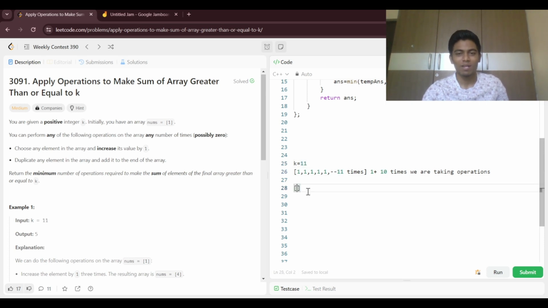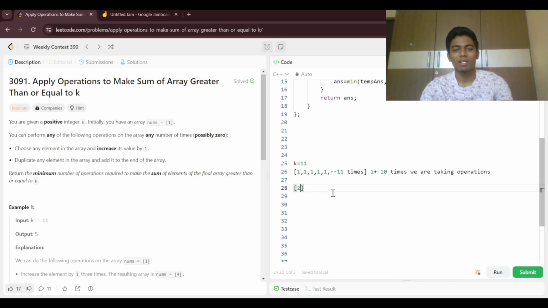Suppose instead of doing this operation, instead of duplicating the array, can we increase it to 2 and then make it 2, 2, 2 and then 2? So this is going to be my 10, and then this is going to be my 12.